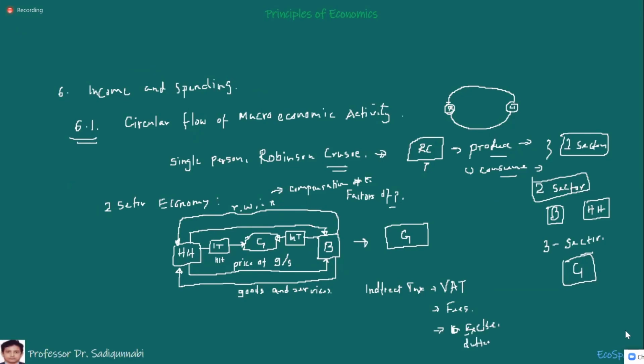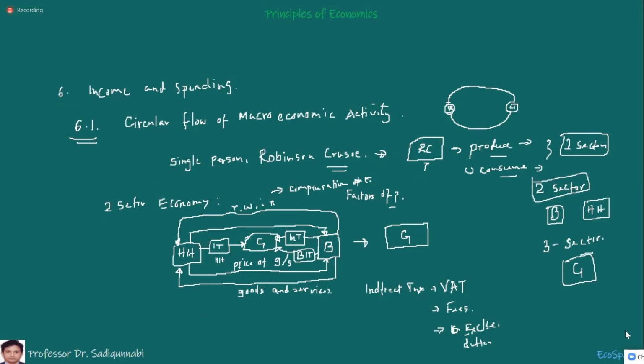Okay, all are indirect tax. And the direct tax on business income, business income tax, BIT, could be coming from business to government. Okay, business to government.